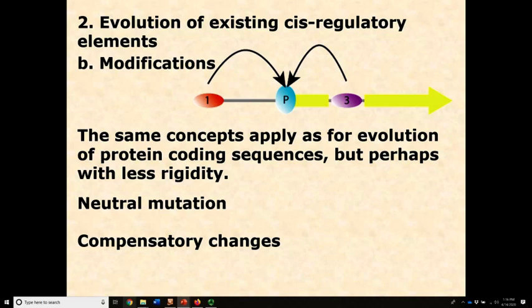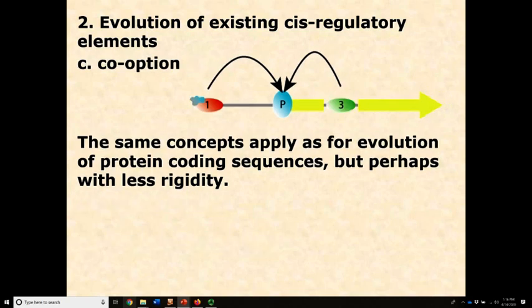And so we can actually have a fair amount of regulatory evolution occurring, changes, mutations, but still have about the same expression patterns. So that again demonstrates the flexibility of these regulatory elements to evolve and still have the same input into the genes that they're controlling.